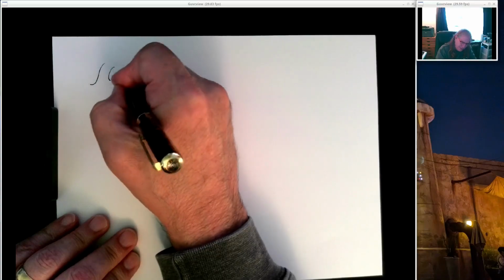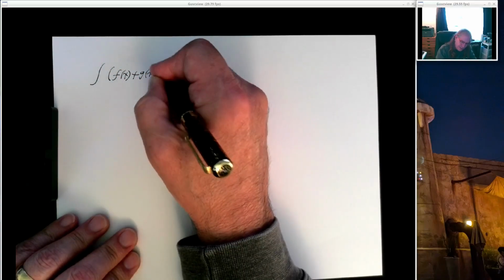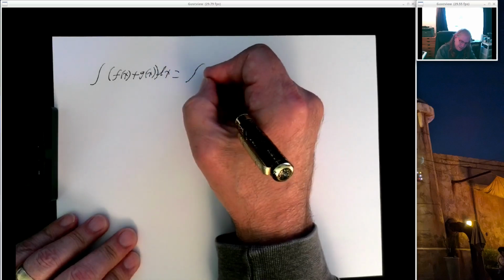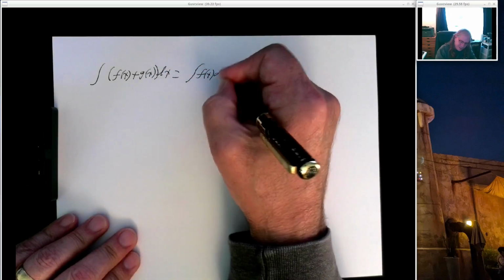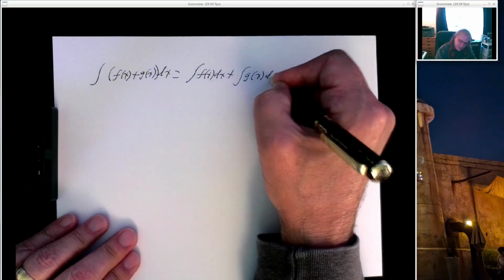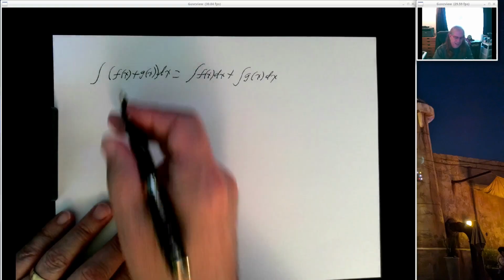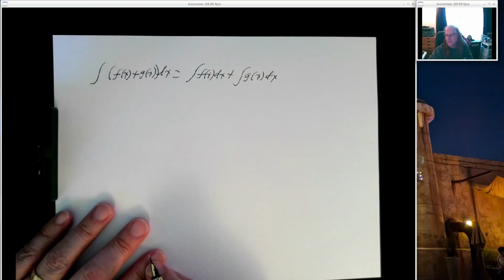The integral of f of x plus g of x dx is the same thing as the integral of f of x dx plus the integral of g of x dx. And the integral of some constant times f is just the constant times the integral.